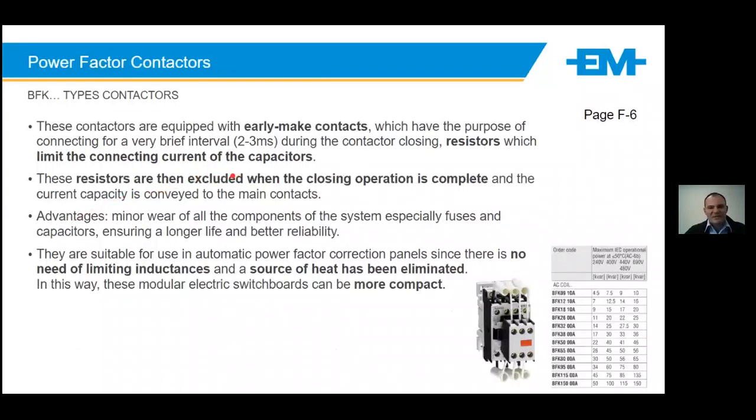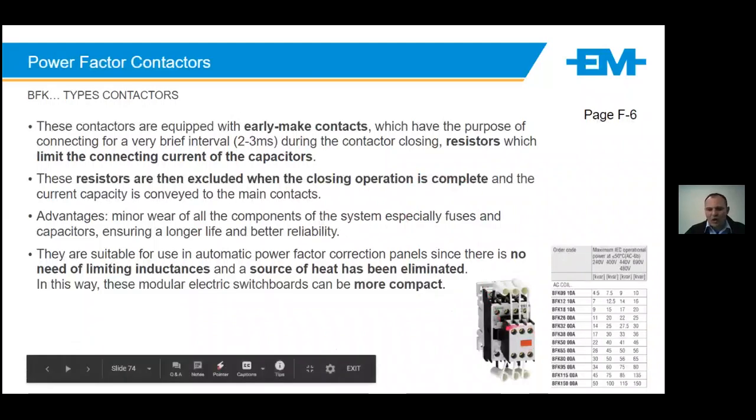We have specific contactors that we would use for power factor correction. These contactors are equipped with what we call early make contacts, which are on this auxiliary module that is here. It steps in during the closing phase, the resistors to limit the current flowing through the contactor.